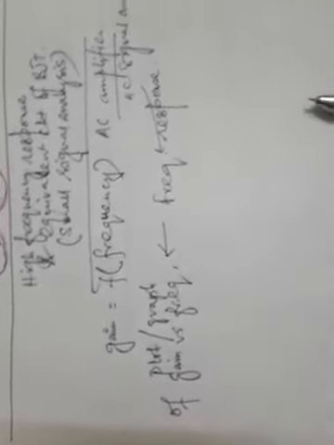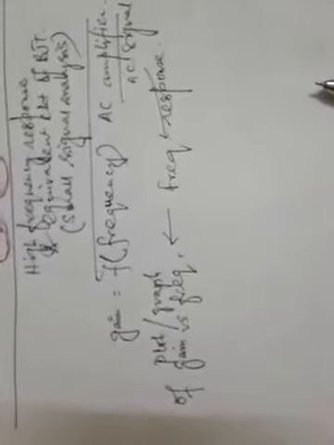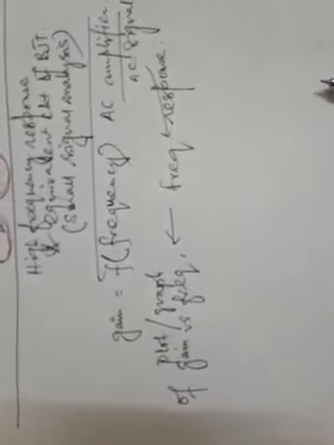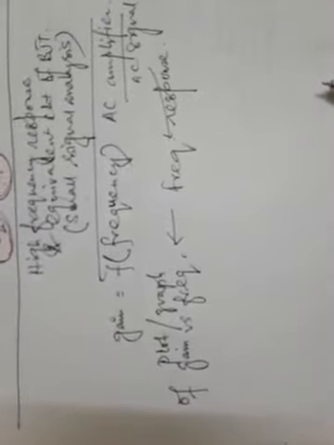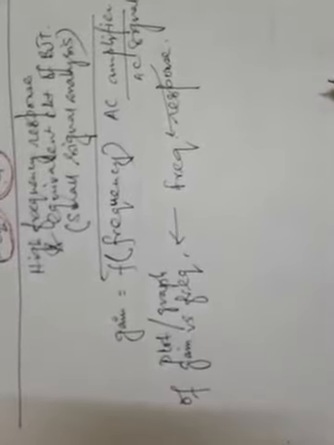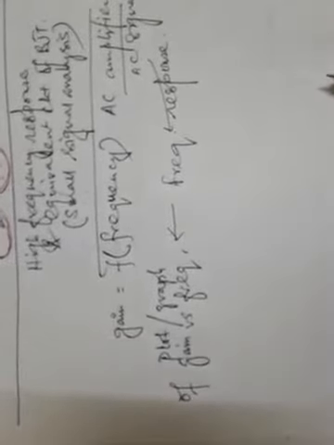This frequency response can be obtained for both AC and DC amplifiers. A DC amplifier is an amplifier which can amplify DC signals only, and in some cases it can also amplify AC signals as well.